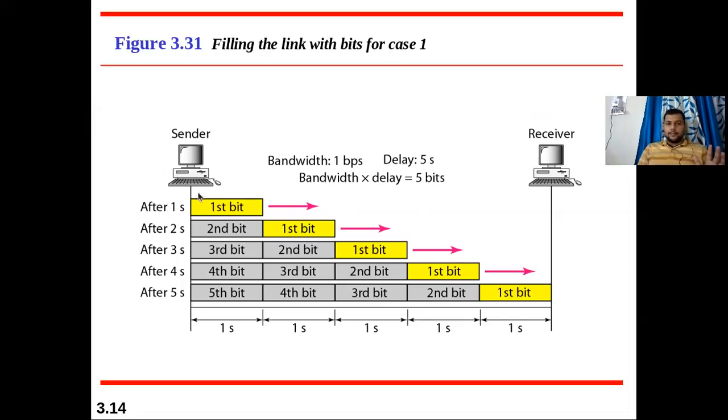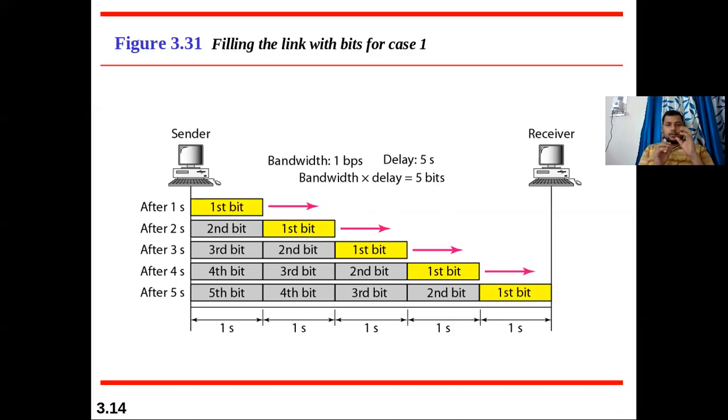So there is a delay from sender to receiver. That delay, when you multiply it with its bandwidth, will give you the bandwidth delay product.